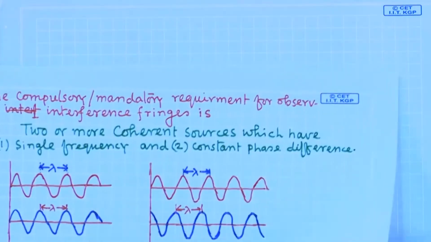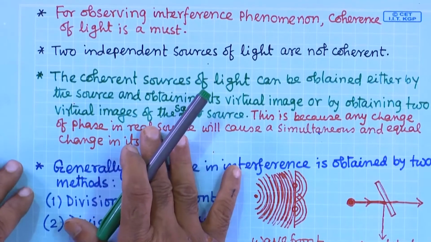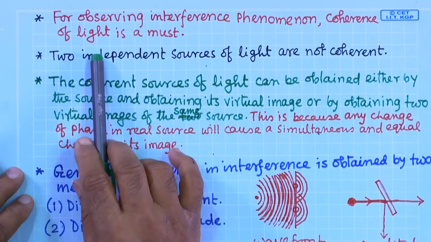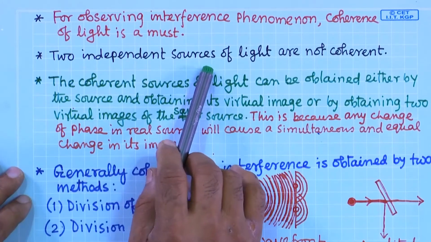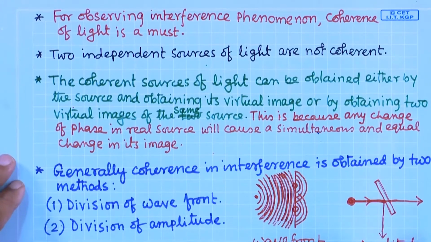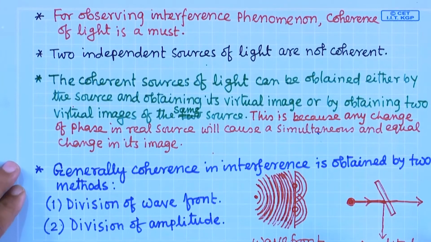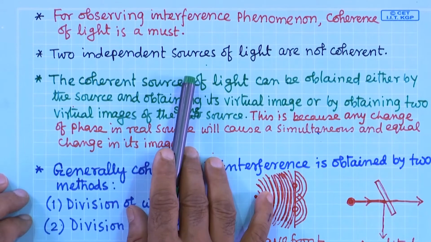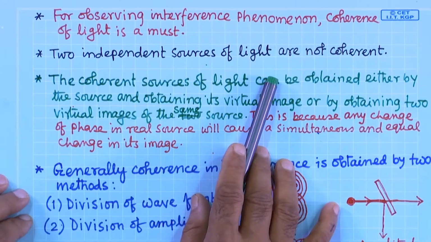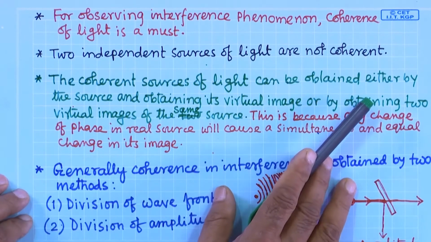So, for observing the interference phenomena, coherence of light is a must. So, two independent sources. So, how to get two coherent sources? That is the question. If you take two independent sources of light, they will never be coherent.